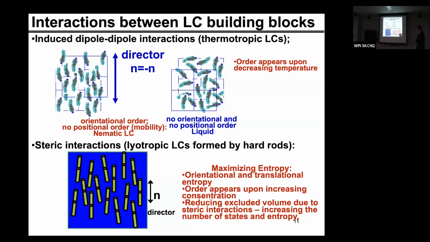You can also have a lyotropic liquid crystal where the liquid crystallinity emerges as a function of concentration. In this case, you could imagine you have something like water or a different solvent, and then anisotropic particles, which could be solid nanoparticles, could be some biological molecules or viruses, as we could see as well. And in this case, very interestingly, orientational ordering can emerge as a result of maximizing entropy, right?